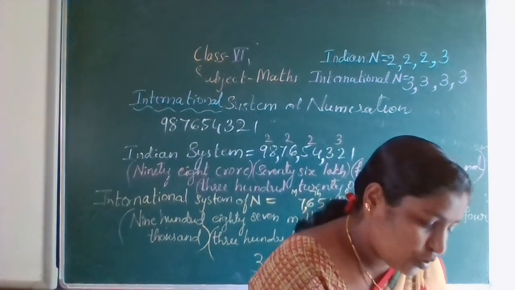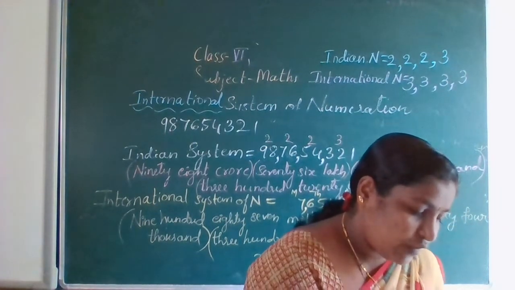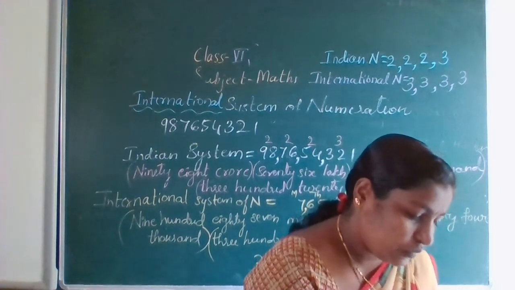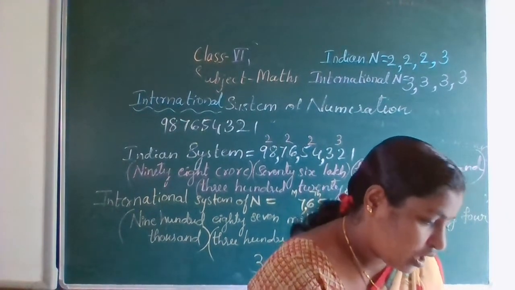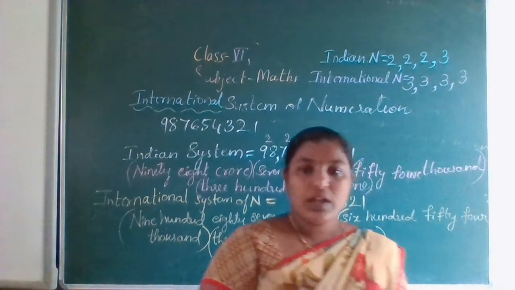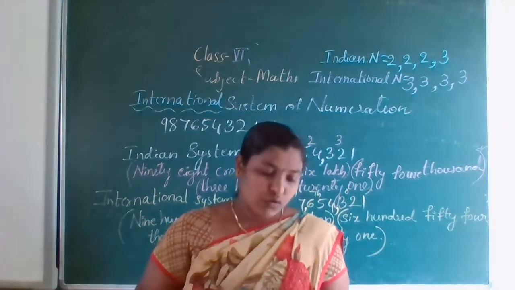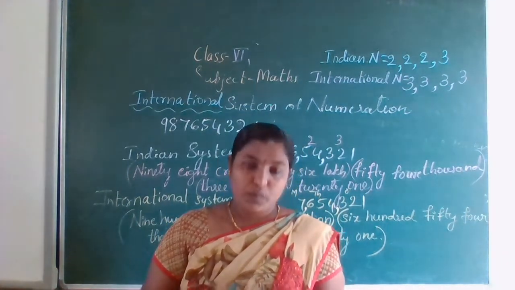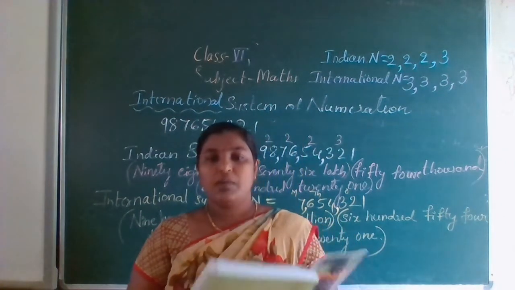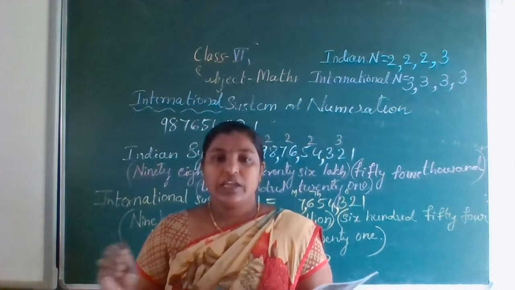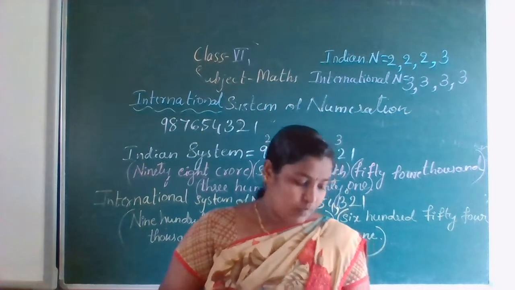Open your textbook. From the first lesson, first page, comparing numbers is over. How to compare the numbers I have told you. How many numbers can you make? Making the greatest number and the smallest number using the given numbers is over.